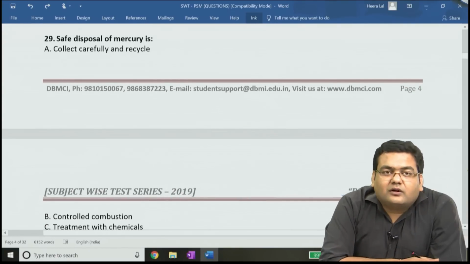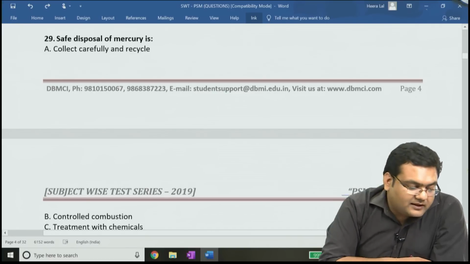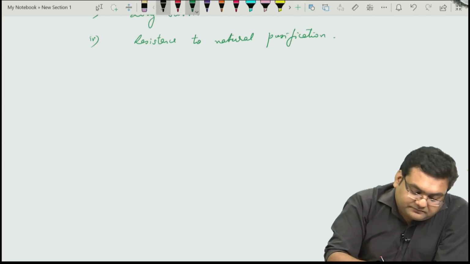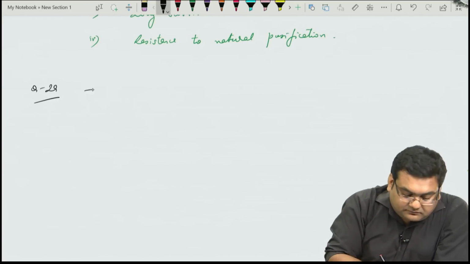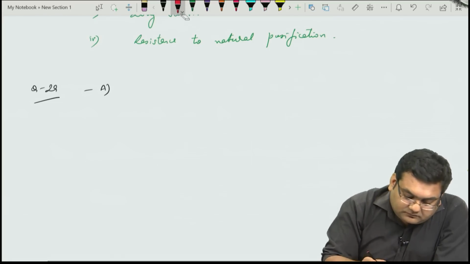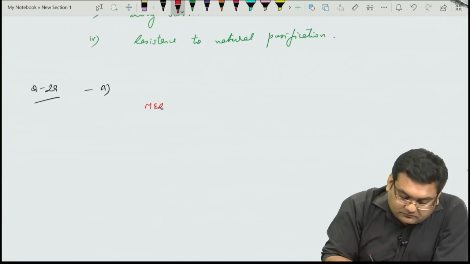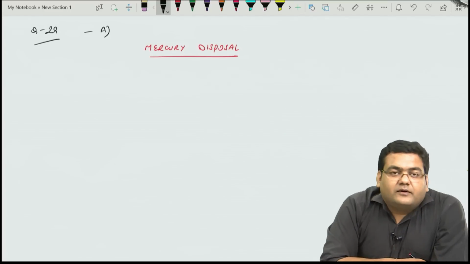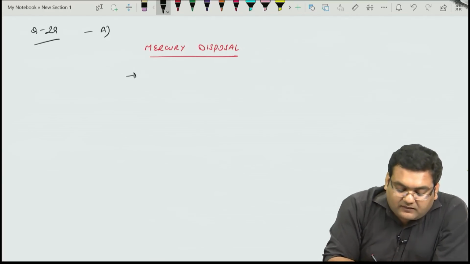Question number 29 talks about safe disposal of mercury. The correct answer is option A, that is collect carefully and recycle. Friends, we all know mercury is a hazardous waste.